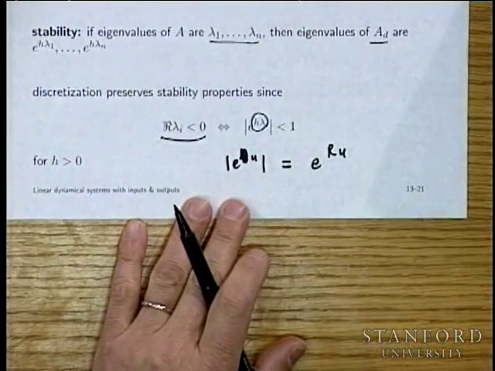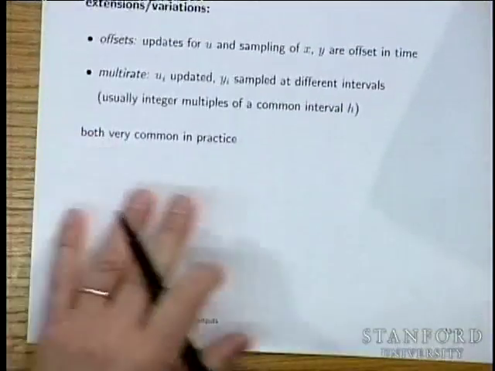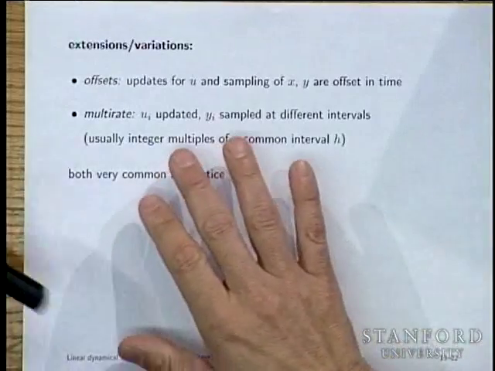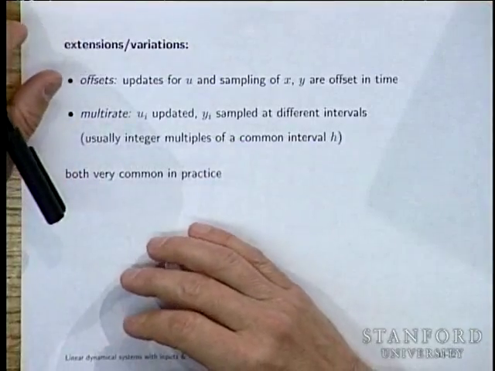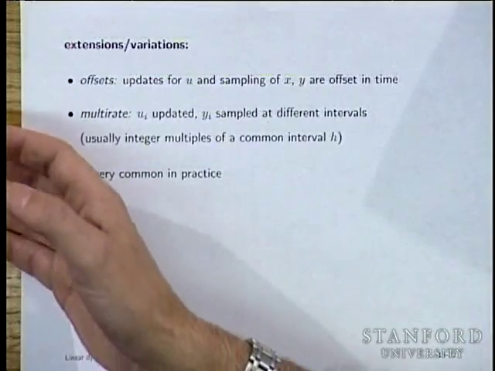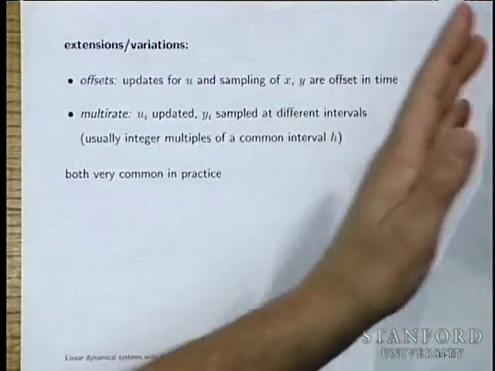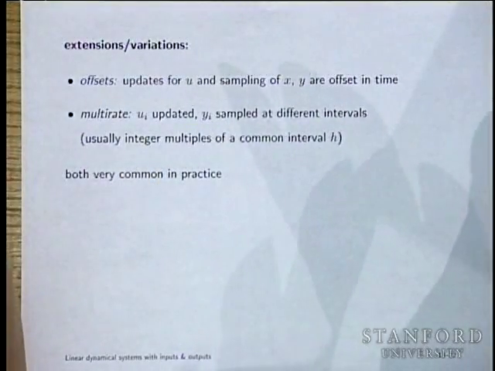Now, this is just the simplest form, but there are all sorts of horrible things. They're mostly horrible in bookkeeping, but you could actually, in principle, work out all of them now. Here are the kind of horrible things that would happen. You could have offsets. You could say, well, we measure the state at these times, which are offset. They'd give you some horrible timing diagram.